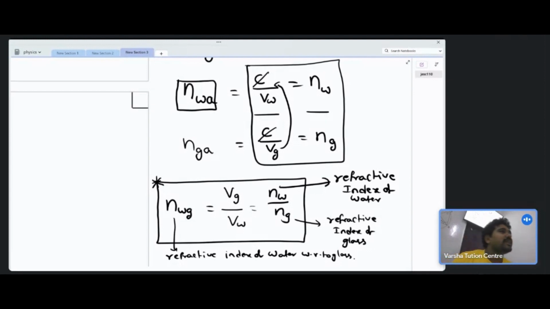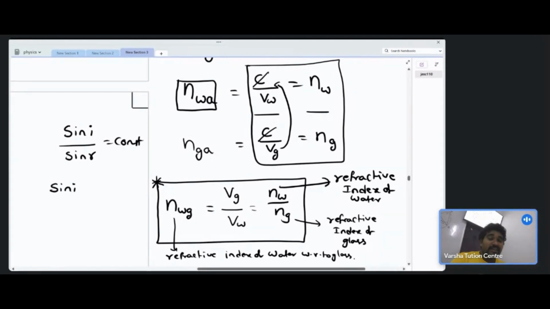Clear? I said at the beginning, you remember, sin I by sin R is equal to a constant, which is nothing but NW, that is the refractive index of water. You can equate it to sin I by sin R. What is the meaning of this?